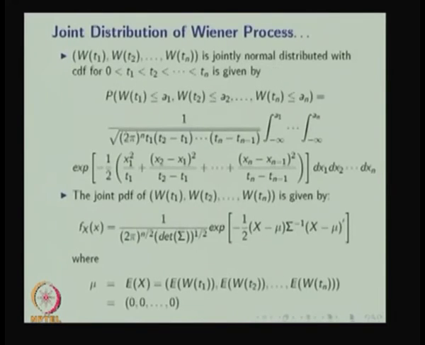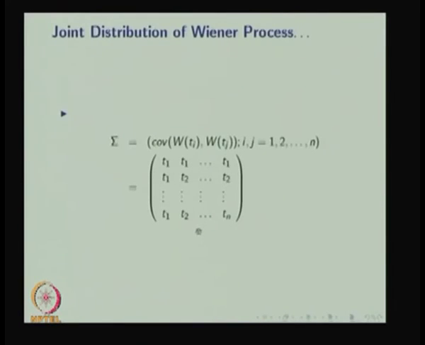Once you know the joint distribution for any two random variables, the same way you can find the joint distribution of any n random variables in the linear process. I have not given the derivation here, but we can find the joint probability density function of n random variables also.